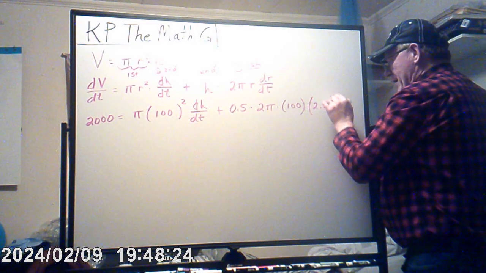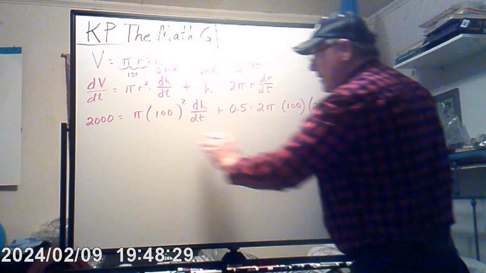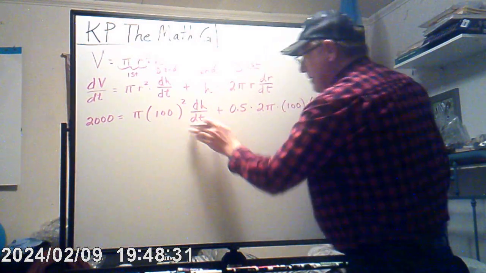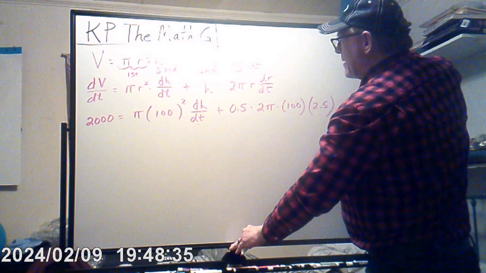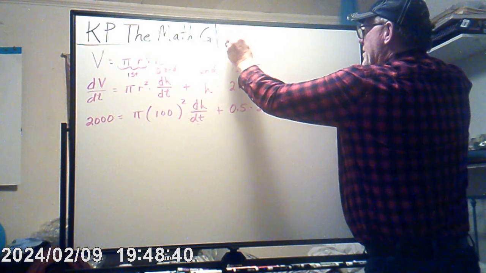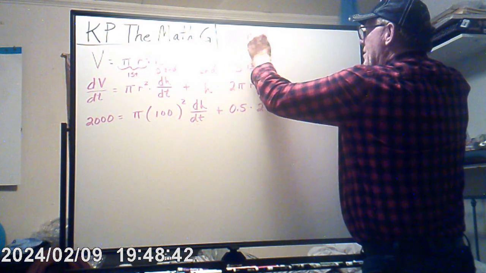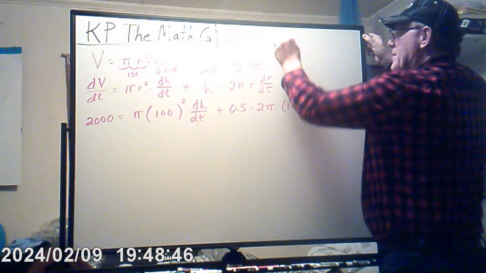Alright, dr over dt is 2.5. And that's the instant that we were looking at. Let's look it up just to make sure. dV over dt is 2000. R is 100.